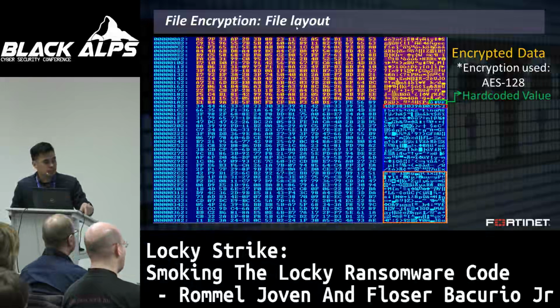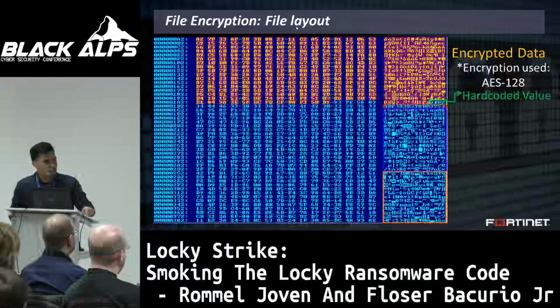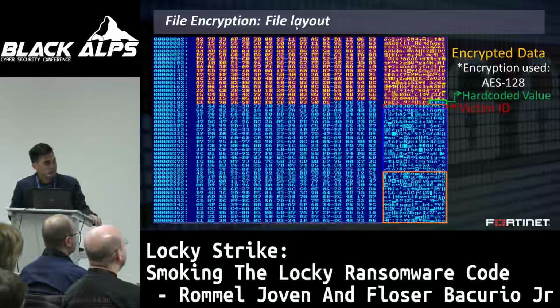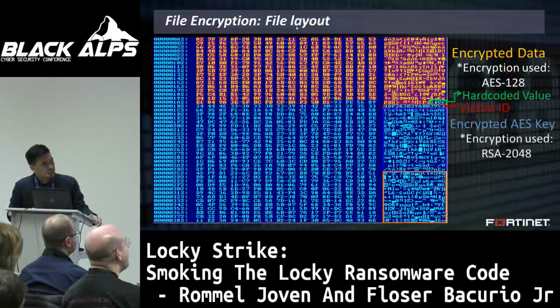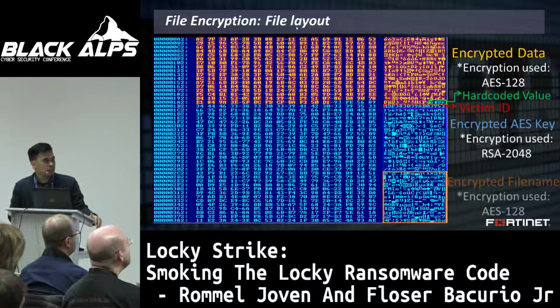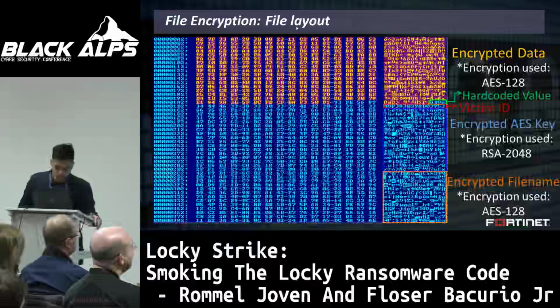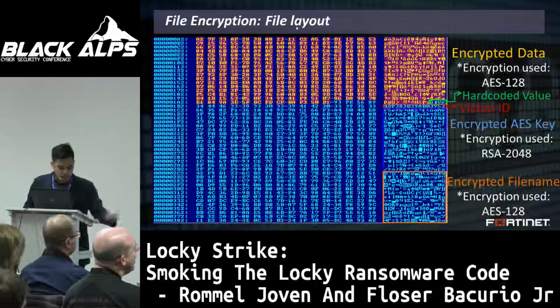Once it finds this hard-coded value, it knows that after it is the victim ID and before it is the original file. And we have the victim ID here. And then the encrypted AES key, which is encrypted again by the RSA public key. And lastly is the encrypted file name, which was encrypted by the AES 128 key. So next.